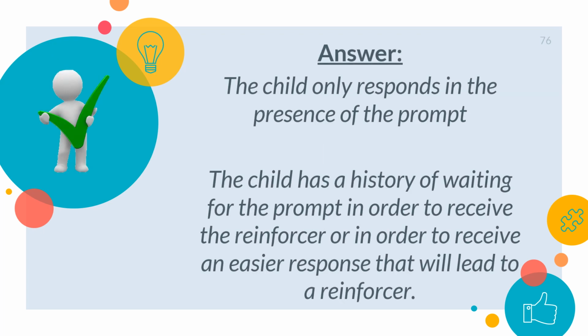The child only responds in the presence of the prompt. The child has a history of waiting for a prompt in order to receive the reinforcer, or in order to receive an easier response that will lead to a reinforcer. On your homework sheet, fill in the child only responds in the presence of the prompt. I'll now give you some time to get that filled in.